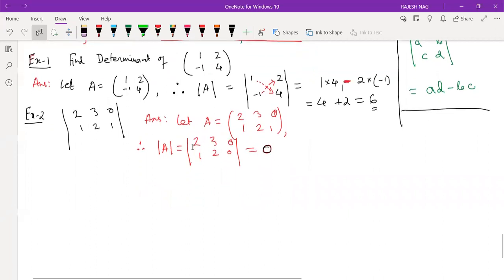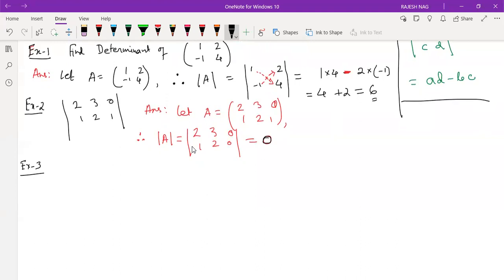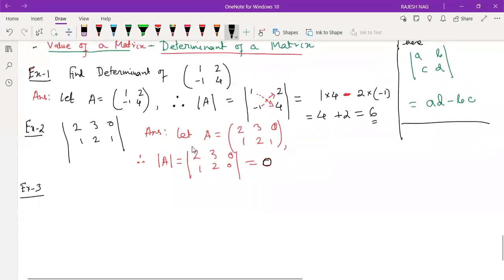Now we go for 3 cross 3. 3 cross 3 is not in our syllabus, but now write 3 cross 3. For a square matrix 2 cross 2, the formula is AD minus BC. This is the basic formula for a 2 cross 2 determinant.